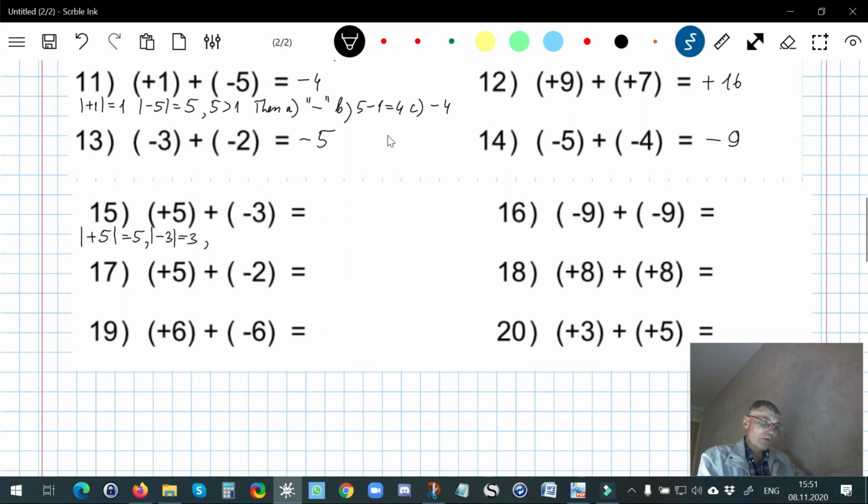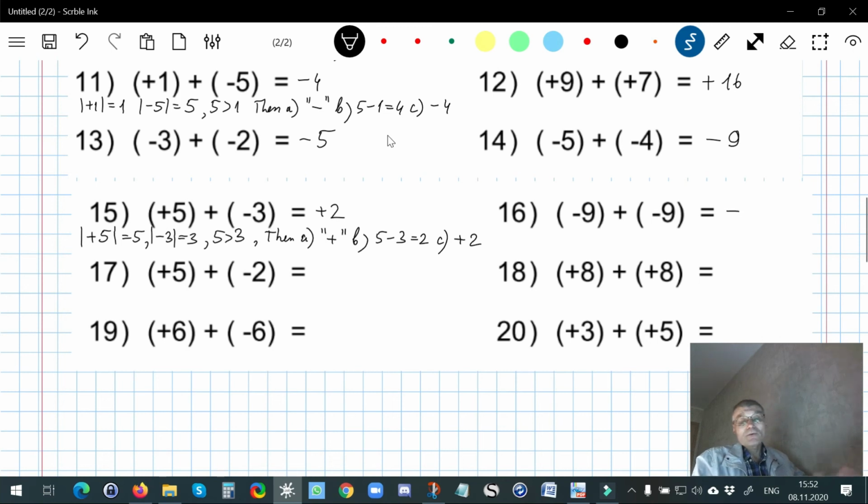And 5 is greater than 3. It means that the sign will be positive. Then A, we understand that our sign total is positive. B, 5 minus 3 is 2. C, the answer is positive 2.